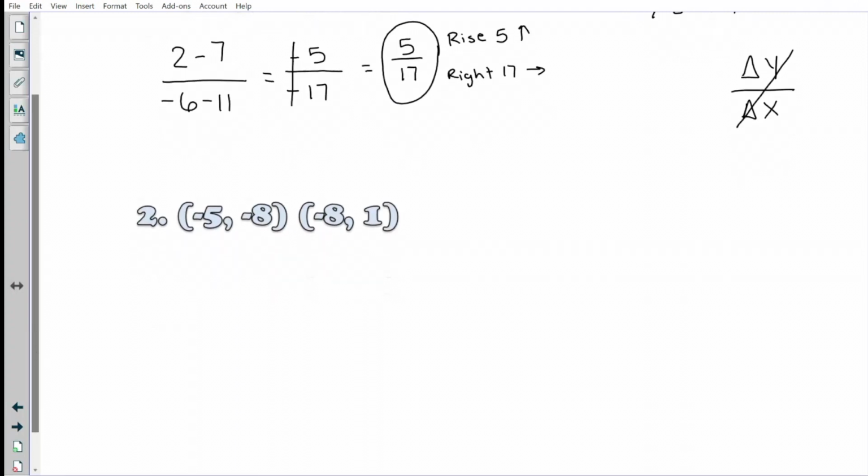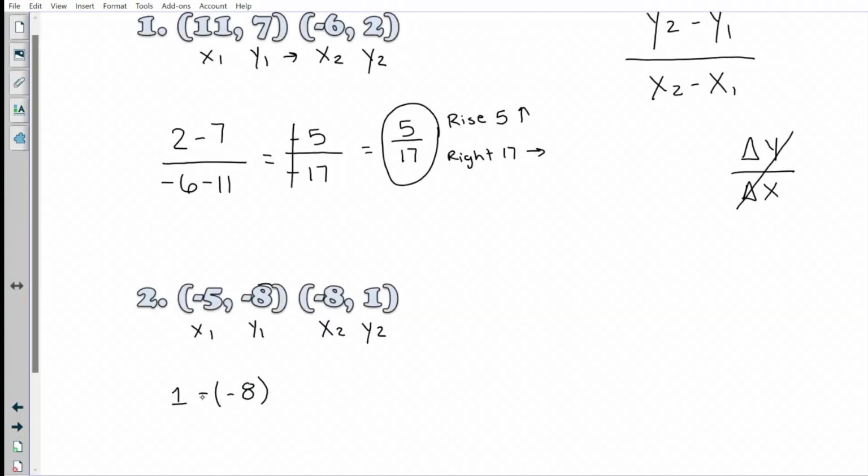All right, and now we've got, same thing, I'm going to label my points. This is x1, y1, x2, y2. This is where I'm going to. All right, y2, 1 minus, now this is a -8. I'm going to put this in parentheses because my formula has a negative in it.